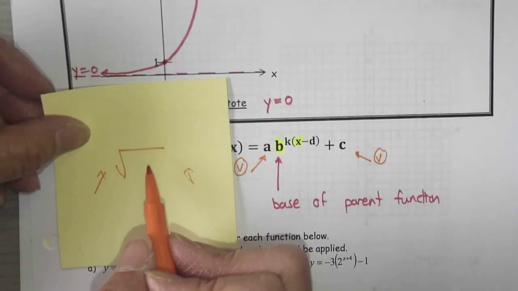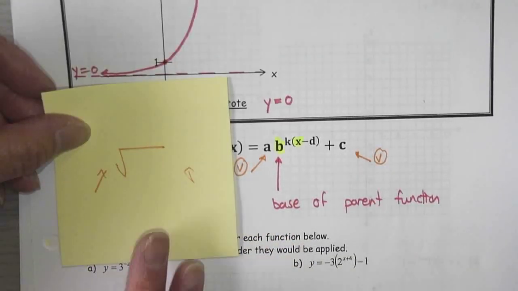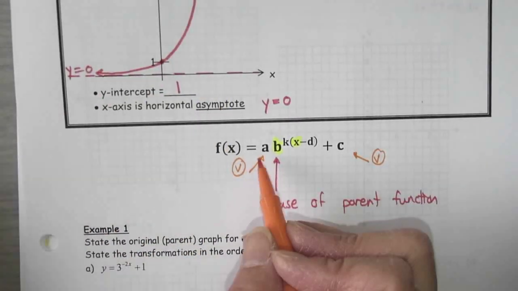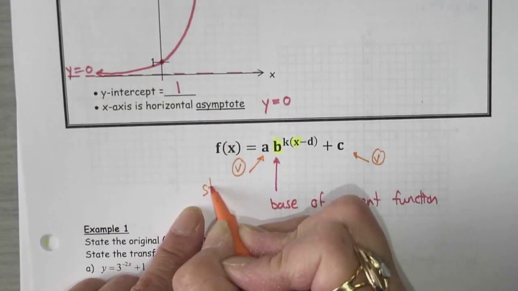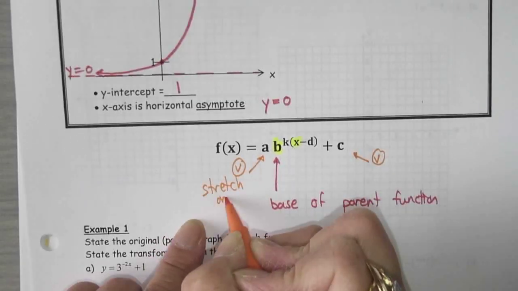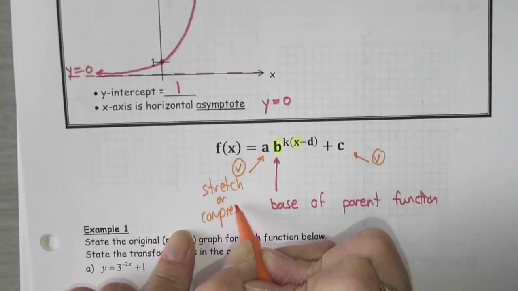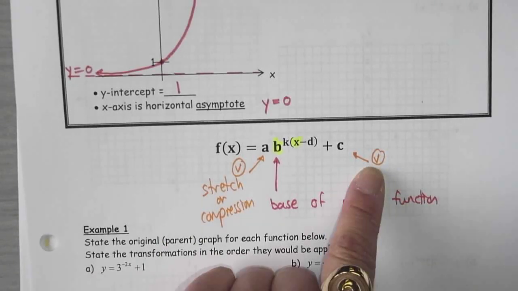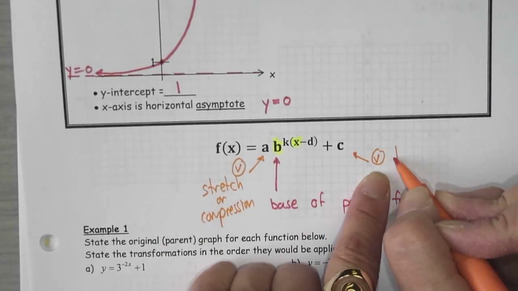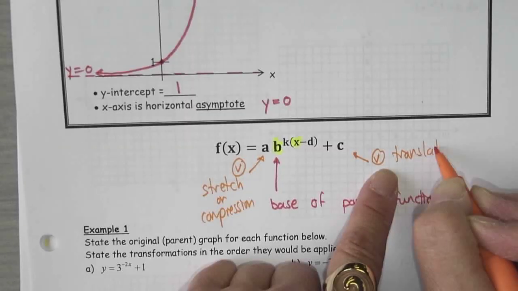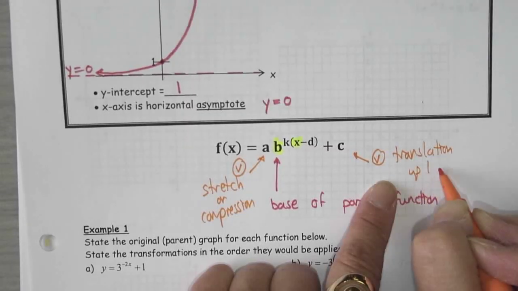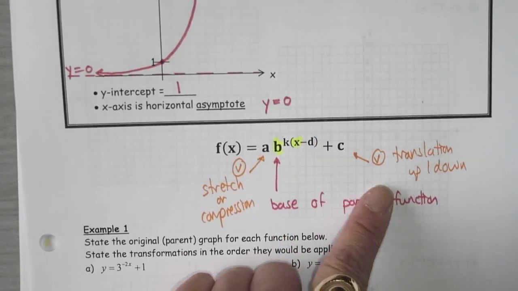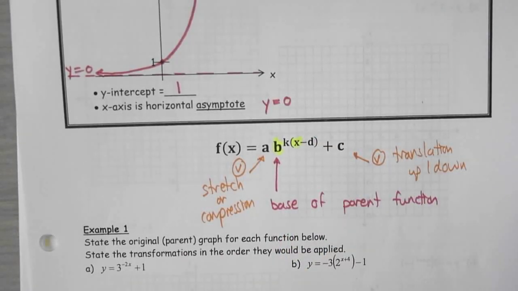Anything inside of it was horizontal. We're doing exactly the same transformations as chapter 1. So here and here, this could be a vertical stretch or compression. And then the number tacked on at the end was my translation up or down. If it's plus a number, it's up, and if it's minus, it's down. So those two numbers there.